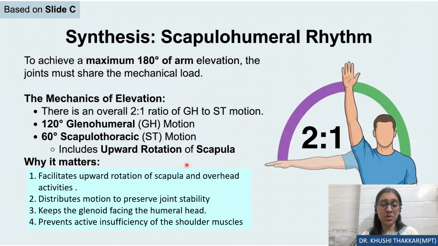Why this matters, remember the 4 pointers very well: this facilitates the upward rotation of scapula and overhead activities, this distributes motion to preserve joint stability, this keeps the glenoid facing the humeral head, and it also prevents the active insufficiency of the shoulder muscles. Remember this diagram, which will help you remember the 2 is to 1 ratio, that is 2 is for glenohumeral and 1 is for scapulothoracic joint.